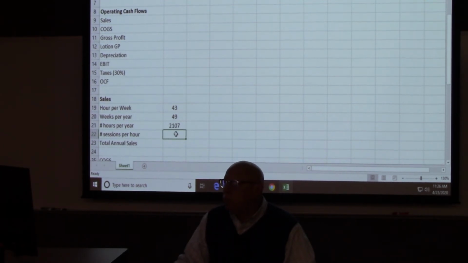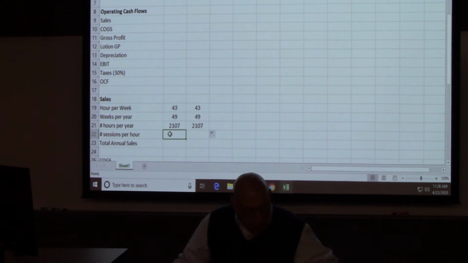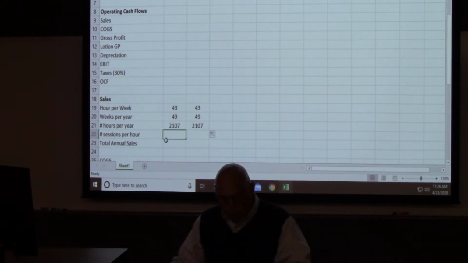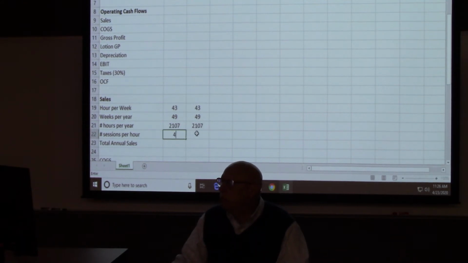Now, the sessions per hour, and so now this will be the same for the dome and for the bed. Now this won't. The dome, 4 sessions per hour. The bed, 3 sessions per hour. All right.